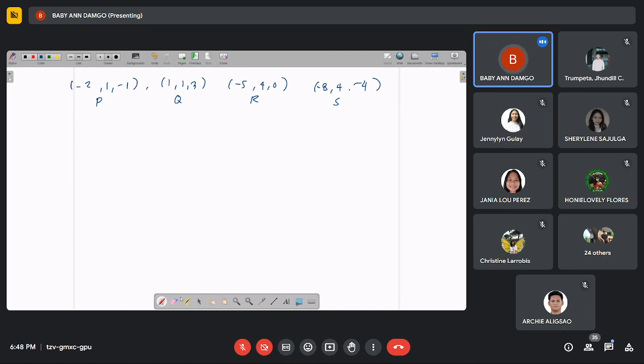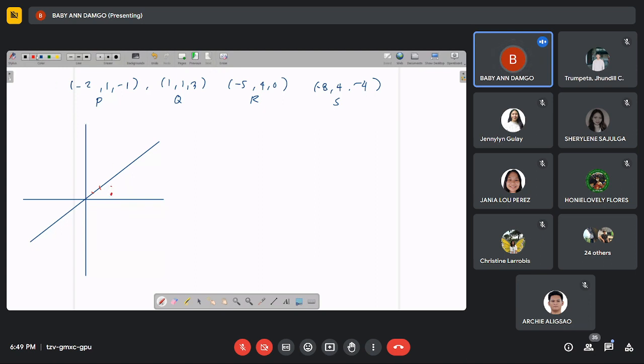Okay. So we will graph it. For this, we have RP is negative 2, 1, negative 1. So this is 1, 2, and then 1, down, negative 1.